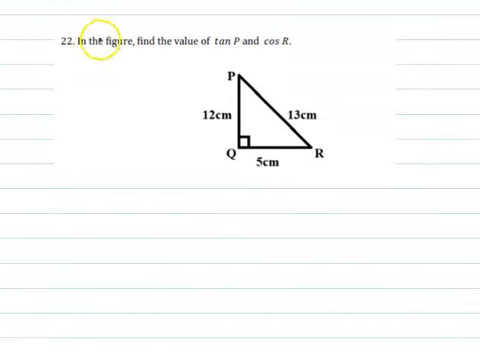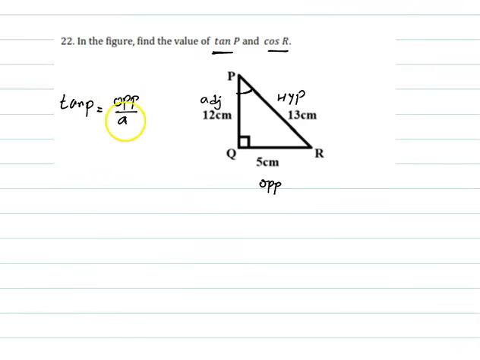Question from the chapter trigonometry. I need to define tan p and also cot r. Whenever I consider the acute angle p, this will become opposite and this will become adjacent, and this is the hypotenuse. Now if I want to find tan p, the definition is opposite divided by adjacent. Therefore tan p is equal to opposite side 5, adjacent side 12.